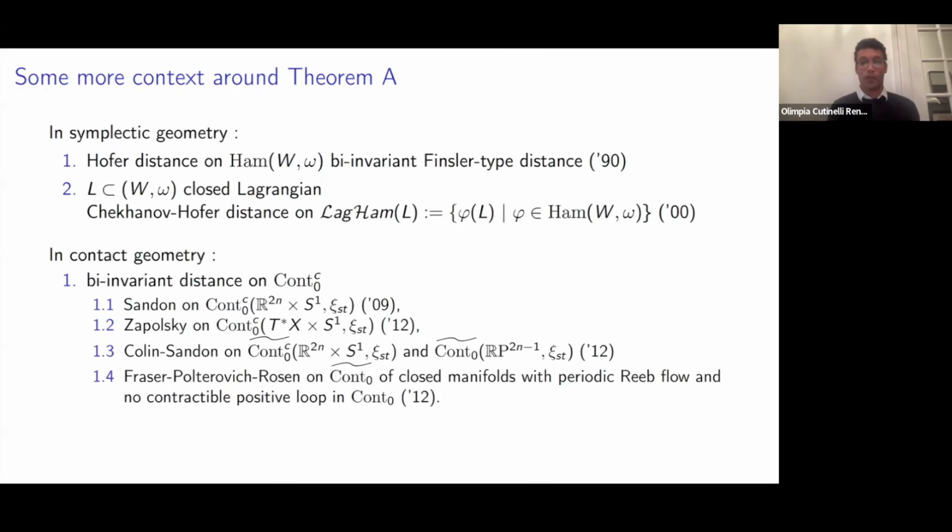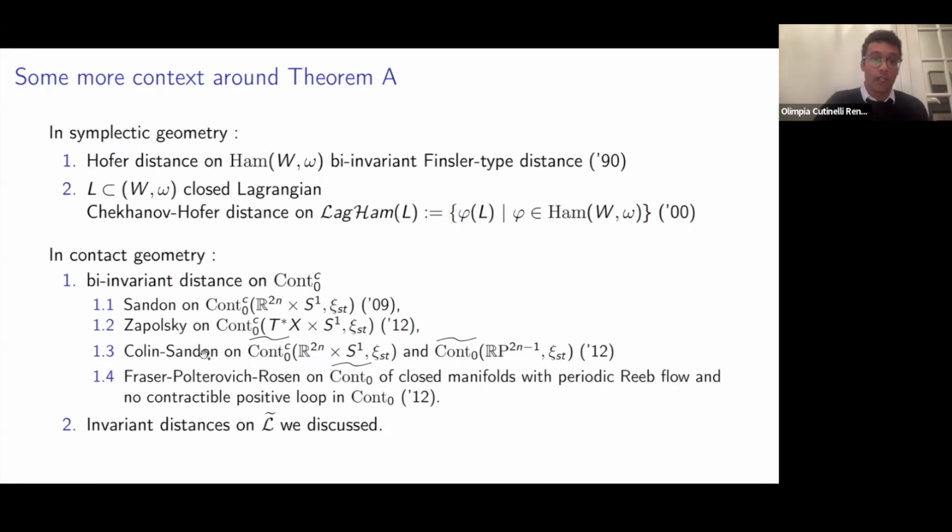And finally, I think the most general result in some sense is the result of Fraser, Polterovich, and Rosen, where they construct bi-invariant distances that are unbounded for any closed manifold that admits a periodic Reeb flow and no contractible positive loop of contactomorphisms. So this is the story for bi-invariant distances on the group of contactomorphisms, and then the story for invariant distances on Legendrian spaces is the one I've just discussed before.